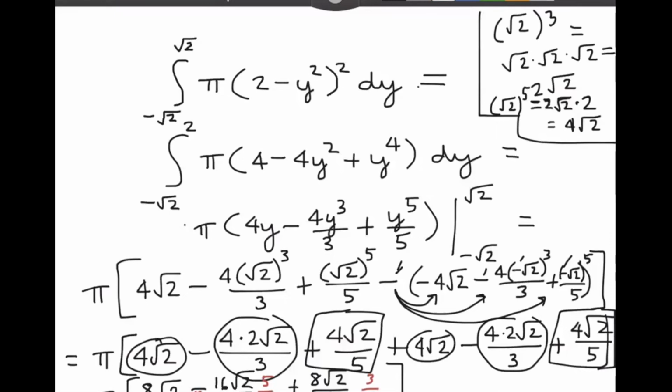So this is going to be all over 15: 120 root 2 minus 80 root 2, which is 40 root 2, plus 24 root 2 will give me 64 root 2. So it's going to be 64 root 2 times pi all over 15. Wasn't that fun?